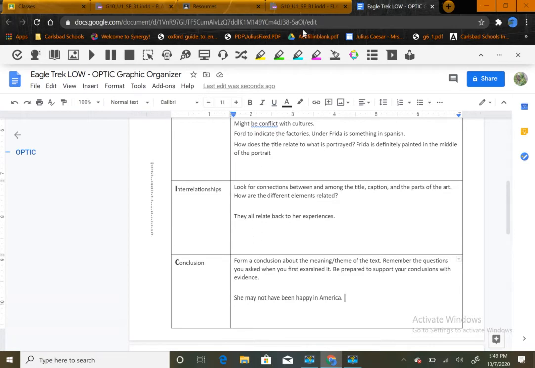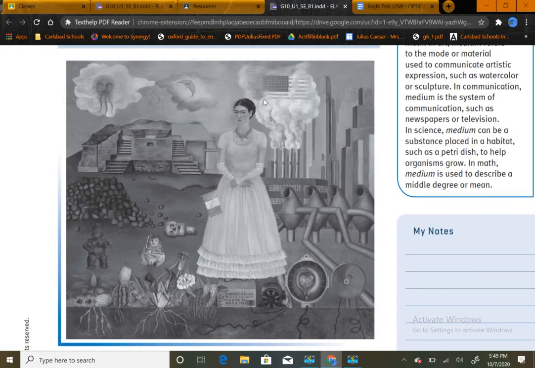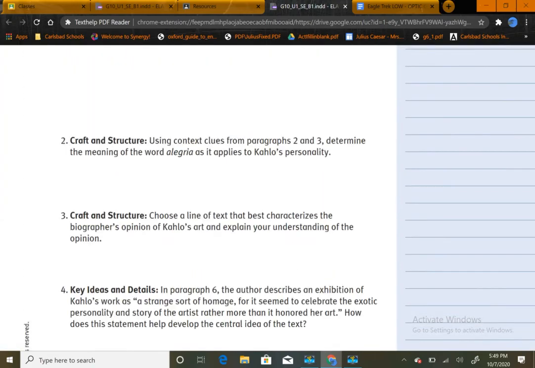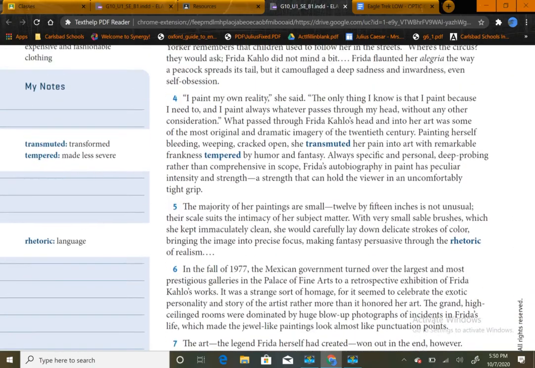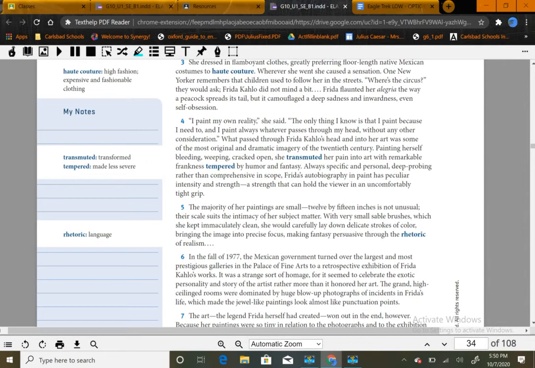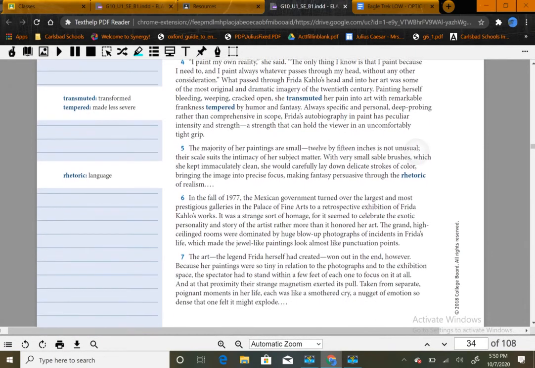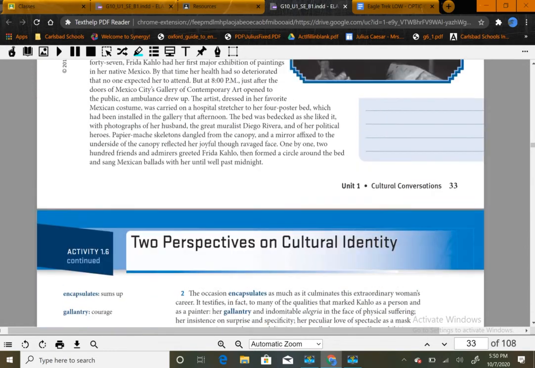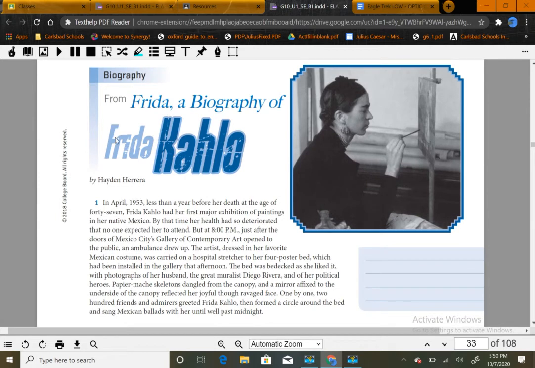So I might have to go back and look at something that was said back in the text up here. And if I'm going to use one of the text up here, then I would have to give Hayden Herrera the credit.